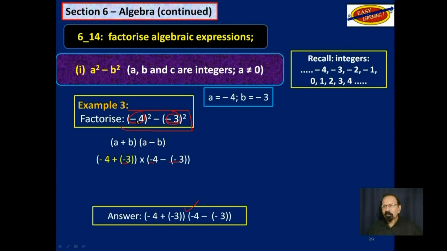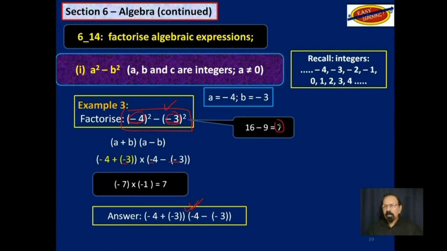Now you may say, this looks more difficult than this one up here, but we are factorizing. We get 7 up there, and down here, if we add that and multiply by their difference, add them, you get -7, multiply by the difference, -1. You also get +7, like you got up here.